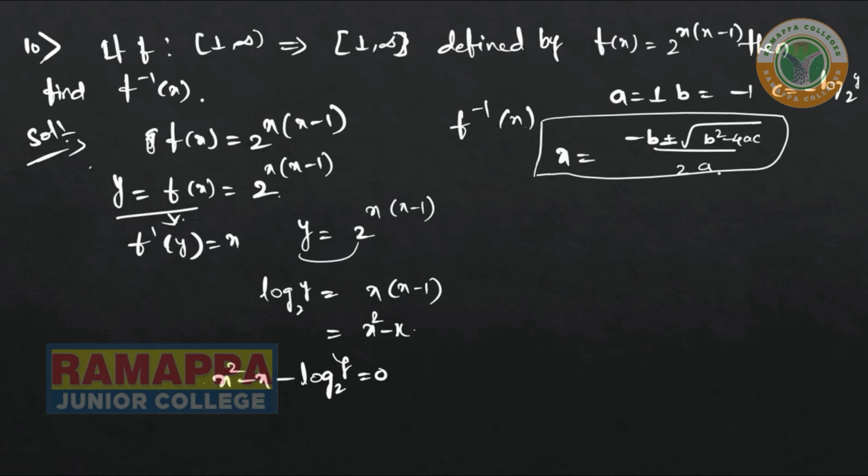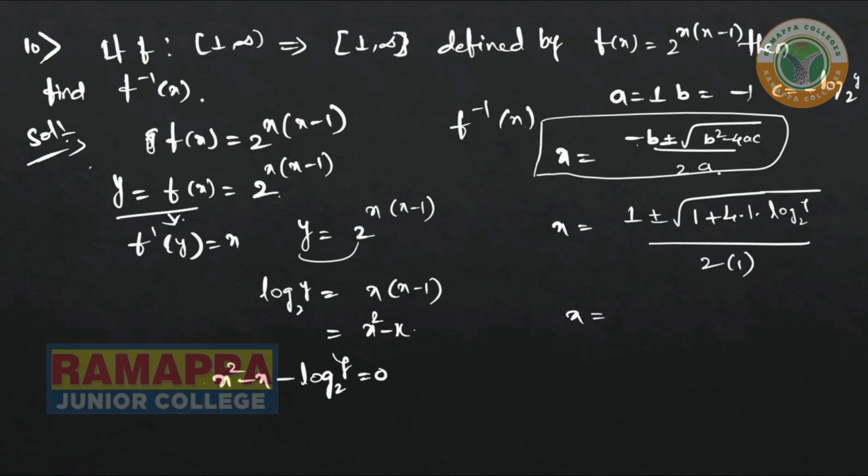Okay, now in this I'm substituting the values. X is equal to minus b, already minus 1 is there, it will become plus 1, and plus or minus under root of b square means 1 minus 4ac. 4 into a means how much? 1 into c means how much? This minus becomes plus here, and log base 2 y will come, divided by 2 into a means 2 only here.